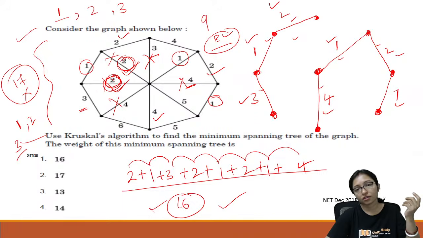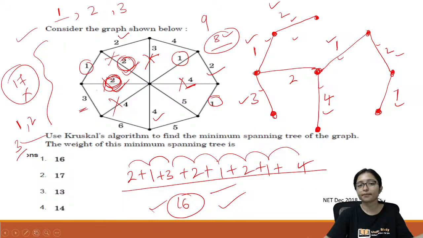Then I have to take this one. But the answer will be the same, because both are 2 here. Then I cannot take this one, because if I take it, it will create a cycle.